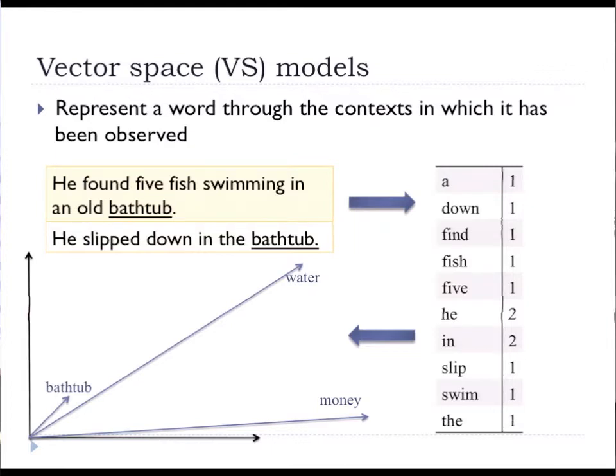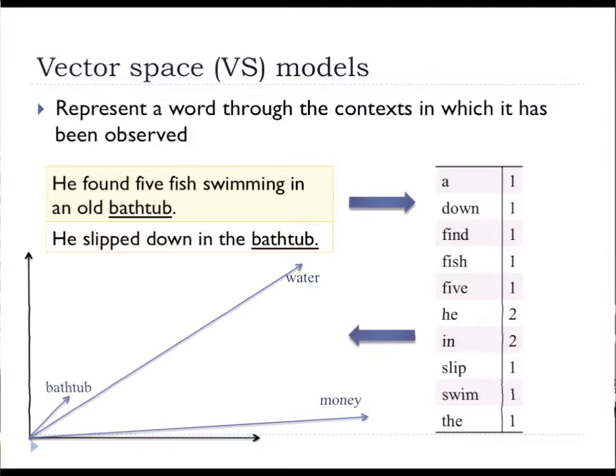And we can interpret this table of counts as a vector, where each of these words that we've seen in the context of bathtub, a, down, find, fish, etc., is a dimension, and the co-occurrence counts are the coordinates of the word bathtub in this space.